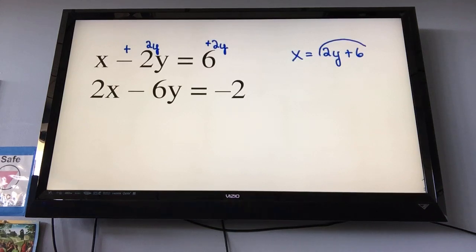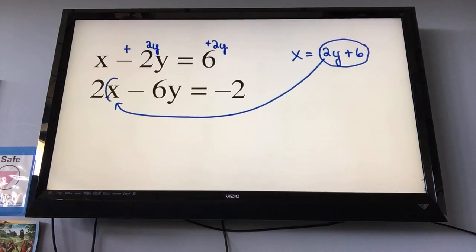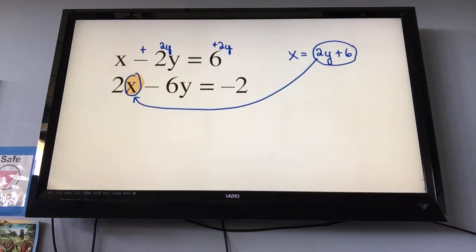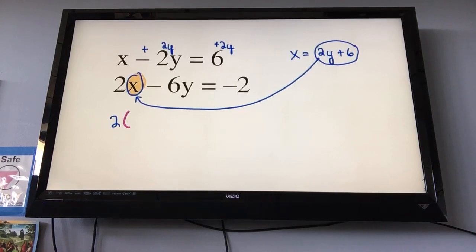All right, so if it says x equals, then it's gonna go into the other equation for x. So x is gonna come out of the game, 2y plus 6 is going in. So 2, x comes out, 2y plus 6 goes in.